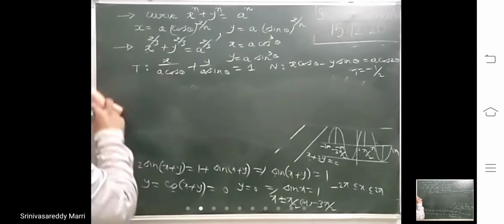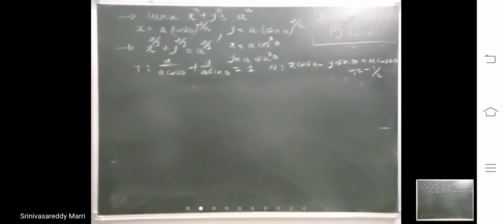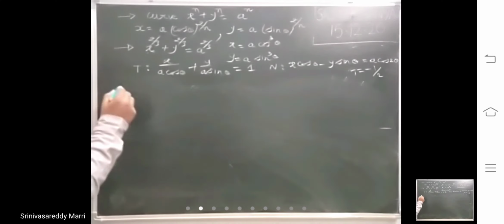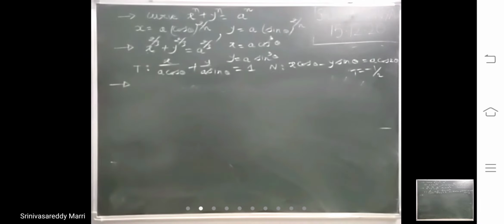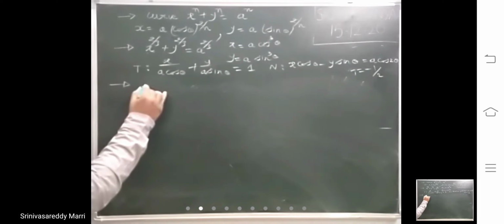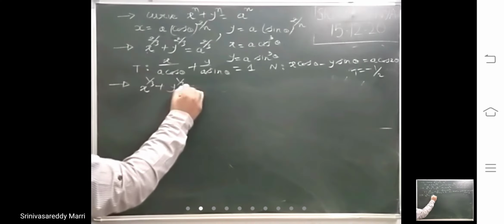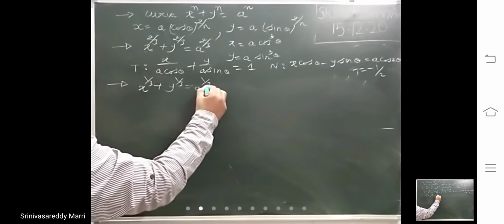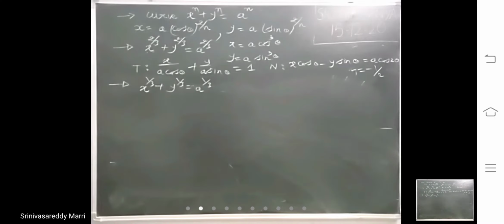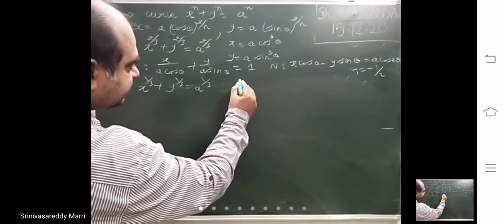Next, another curve. There are few shortcuts you have to remember. Suppose it is like this curve, x power 1 by 3 plus y power 1 by 3 equal to a power 1 by 3.